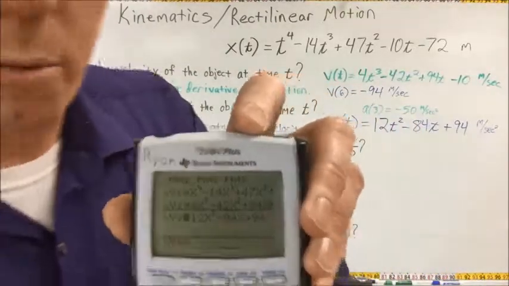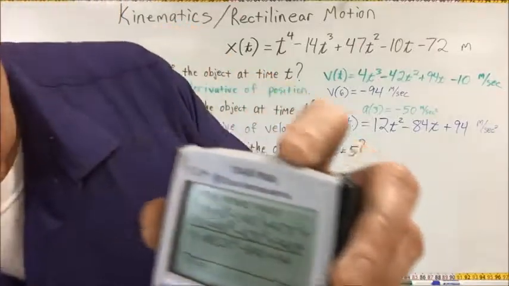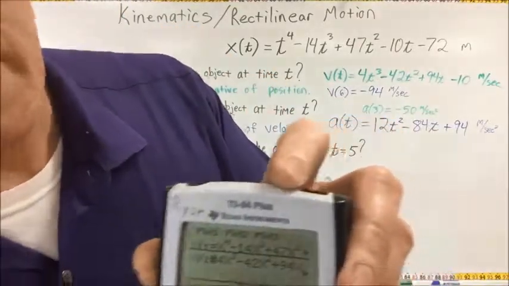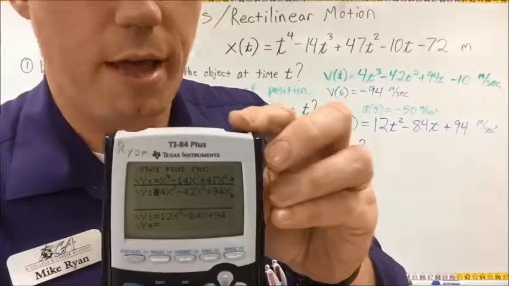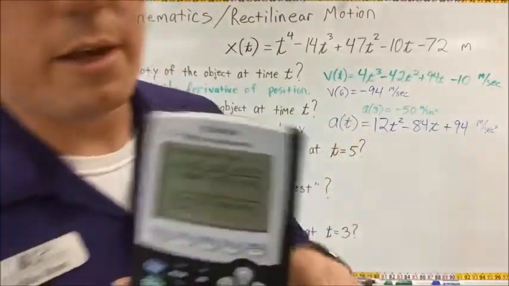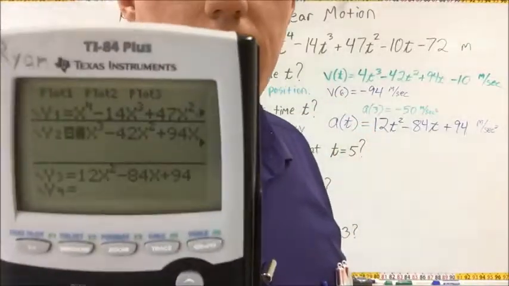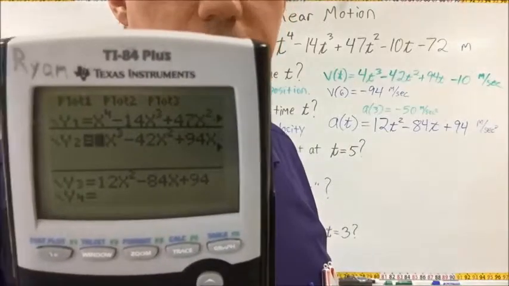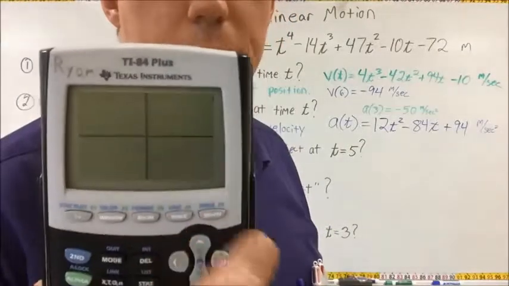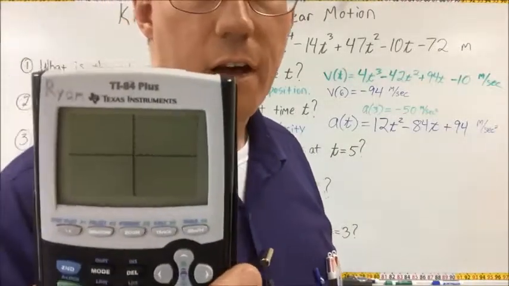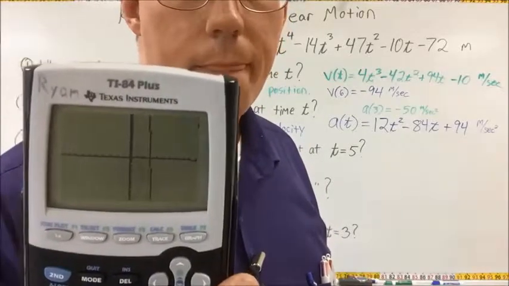So I'm going to go on top of the equal sign, press enter. Then I'm going to go up to the velocity function, go on top of the equal sign and press enter. And if I move over, you can see now that the equal sign is highlighted on the velocity function, so that when I press the graph button, I'm going to see the graph of velocity.